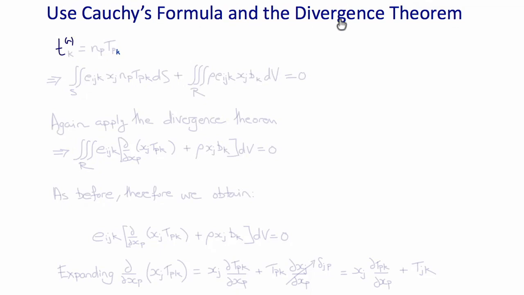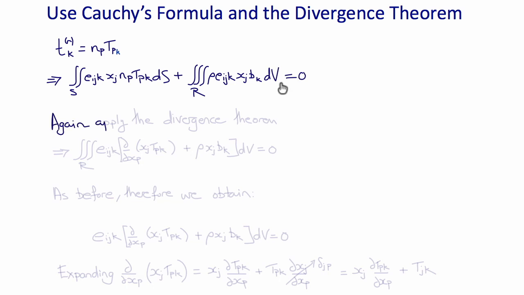So again, using Cauchy's formula, we can say that tk equals np times capital T pk, and substituting that in, we now have that the surface integral of eijk xj np tpk with respect to s plus the volume integral of rho eijk xj bk with respect to volume is equal to 0.